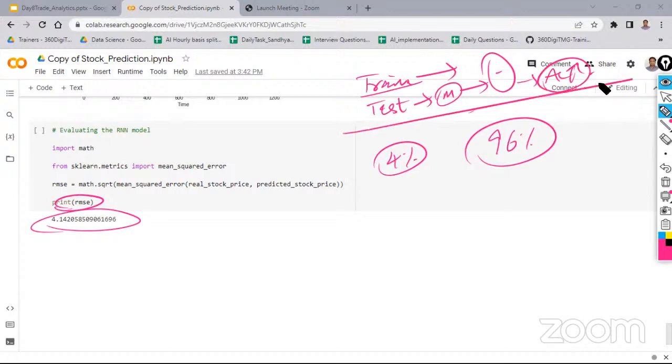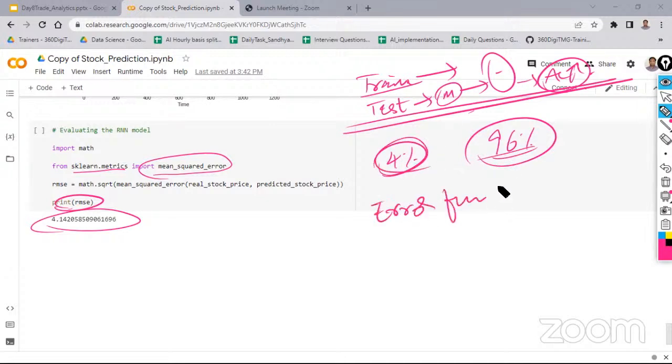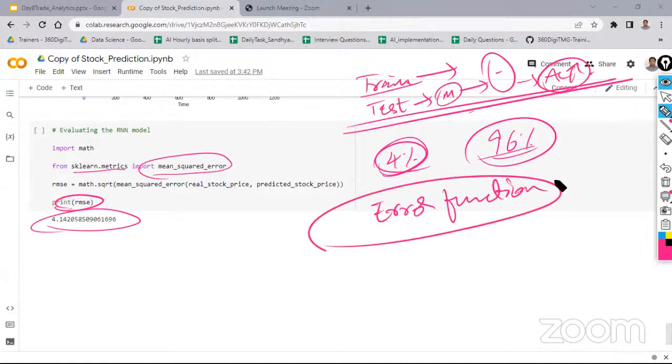And how do you evaluate this? So evaluation with respect to a metric. That metric is mean squared error. So we'll calculate the root mean square error. That particular error function will evaluate and tell you that your model is accurate with less error.